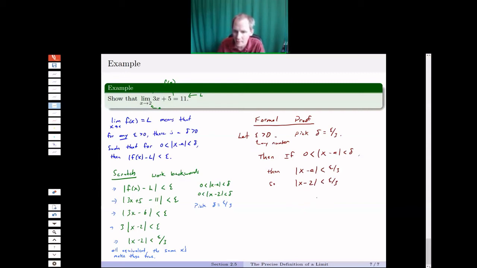Then I can just do the same scratch work I did, backwards. Multiply by 3, distribute that in, rewrite negative 6 as plus 5 minus 11. So that tells me that the absolute value of 3x plus 5 minus 11 is less than epsilon, which means the absolute value of f of x minus L is less than epsilon.